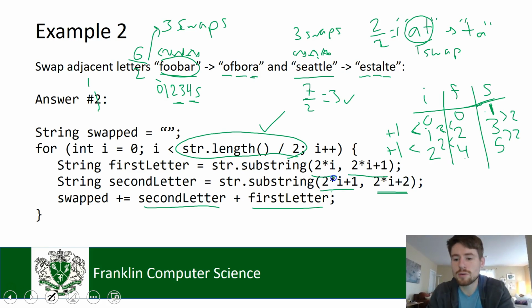So we were 0, 2, and then 4, and then 1, 3, and then 5. At that stage, we determined a pattern that F was double what I was, and S was double that plus 1. And then once we had those letters, we glued them in the opposite order, second and then first, and that swapped the adjacent letters.